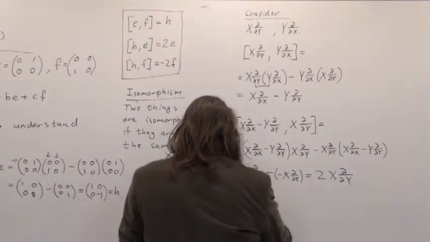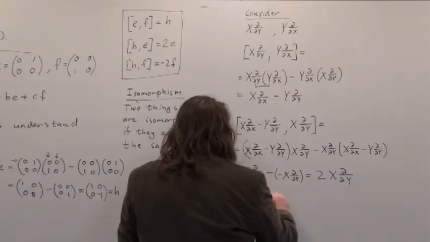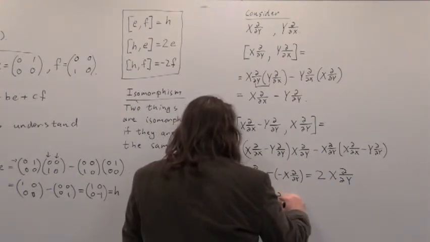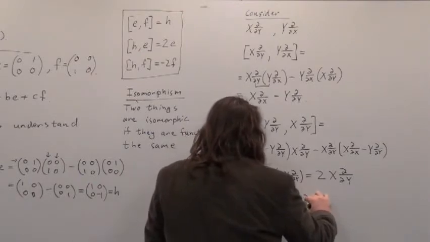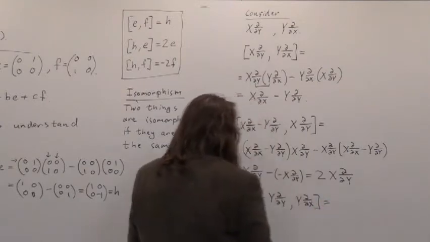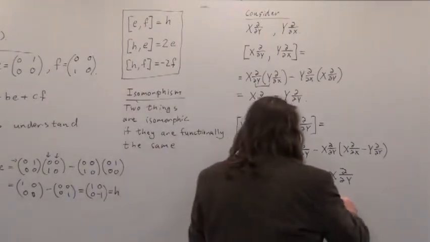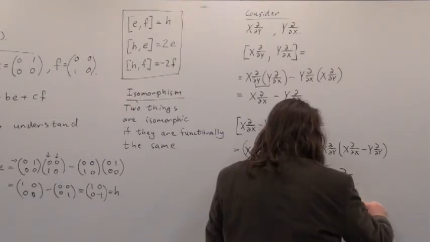The other commutator, which I won't compute explicitly for you, ends up being minus 2 y times the derivative with respect to x.